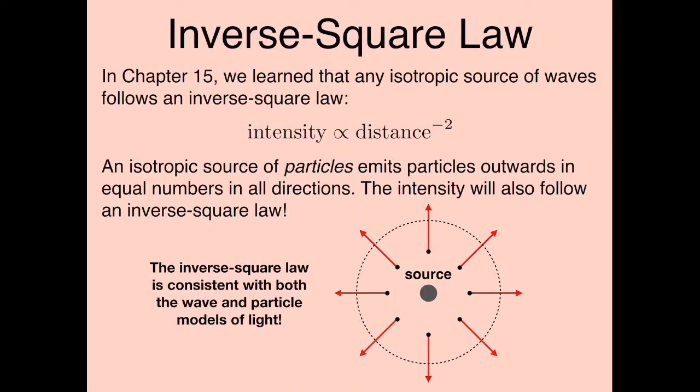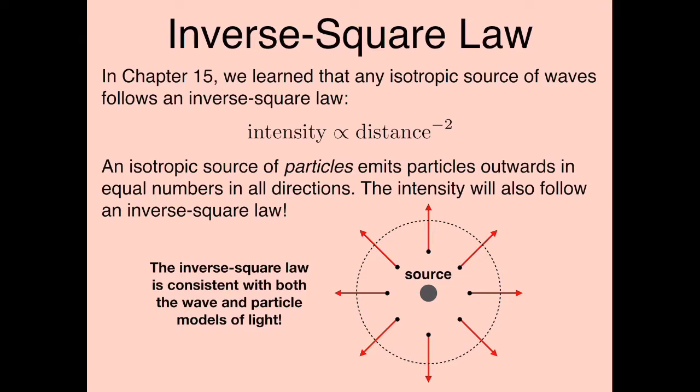So what we'll do next is take a look at some properties of light, some things that we know light does because we study it experimentally, and we'll see if those properties fit with the particle model of light or the wave model of light. That way, we'll kind of see what sort of evidence there is for each of those two models.